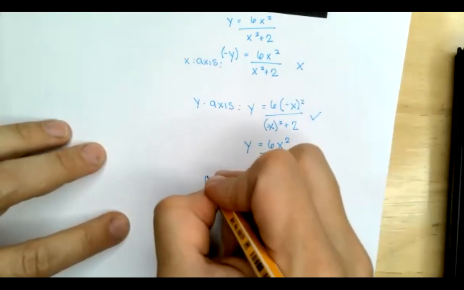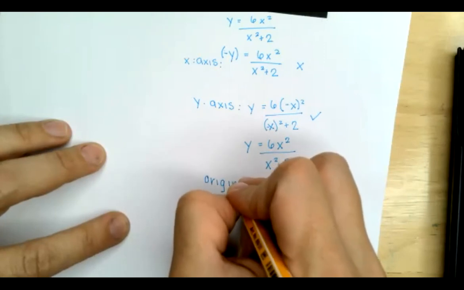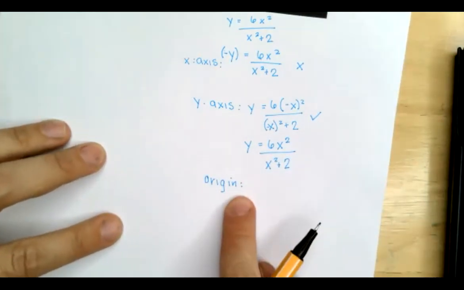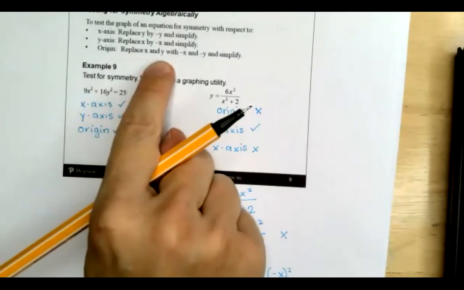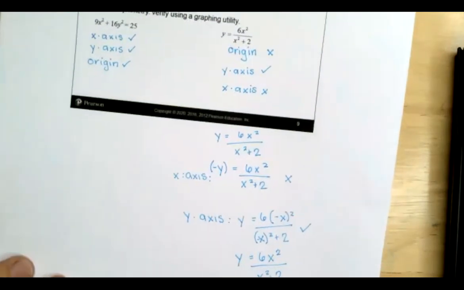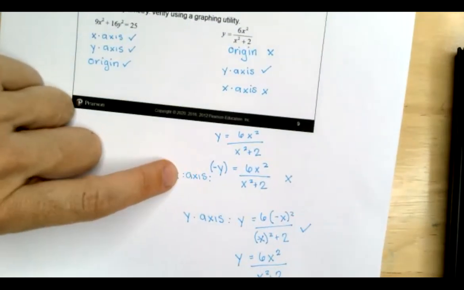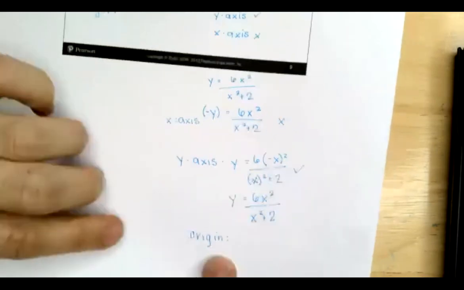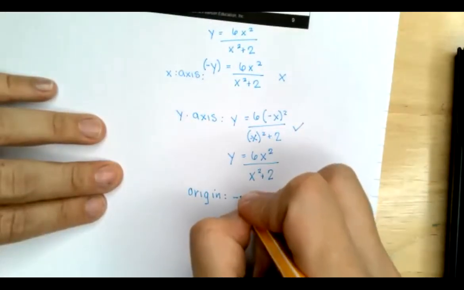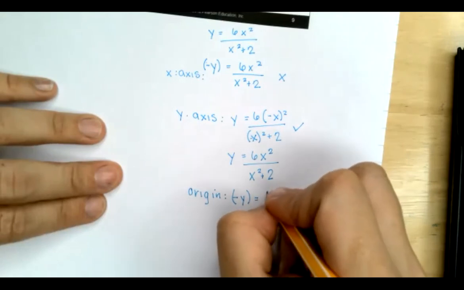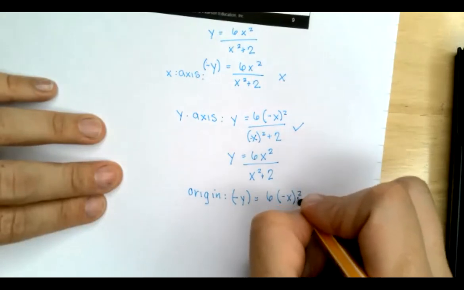And for the origin, we have to replace x and y with negative x and negative y. Here I replaced negative y and I didn't get a true answer, so I don't think if I do it in this case, it will work any better, right?